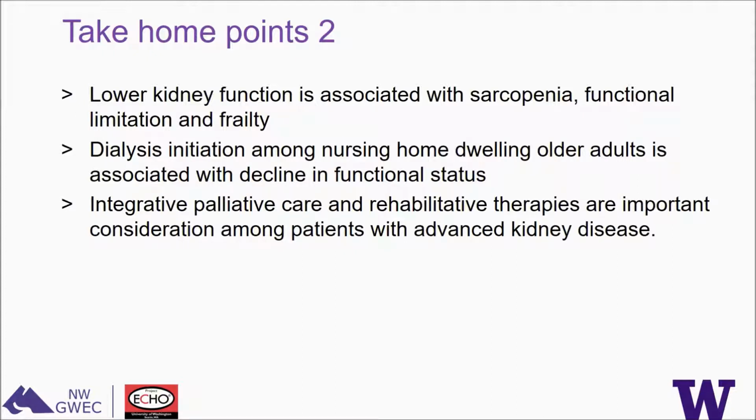No. You can see here that there is a linear association between fluid removal, this is ultrafiltration rate in ml per hour per kilogram of body weight, and cardiovascular mortality. Above 10 ml per hour per kilogram of body weight, you have a substantial increase in cardiovascular mortality and a substantial increase in all-cause mortality, which is important to keep in mind.